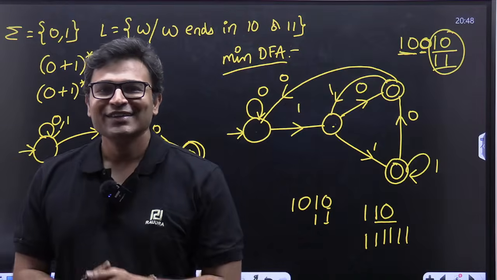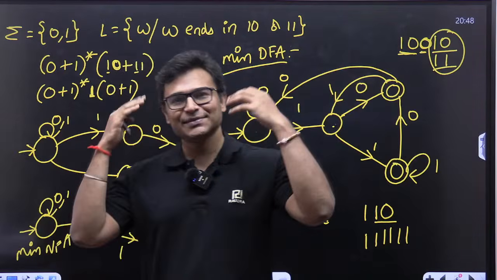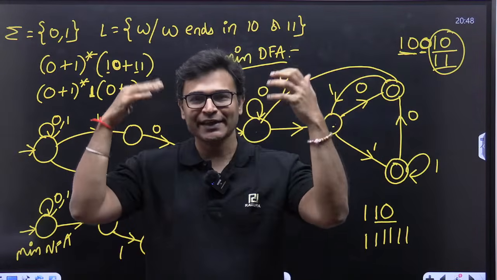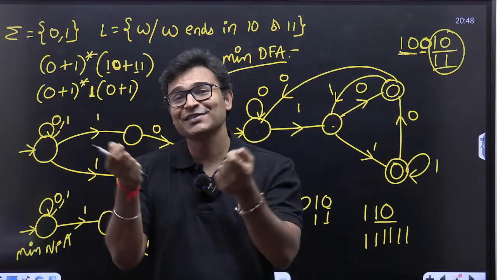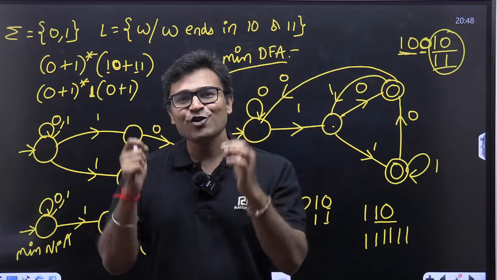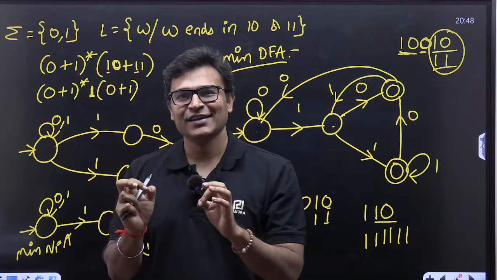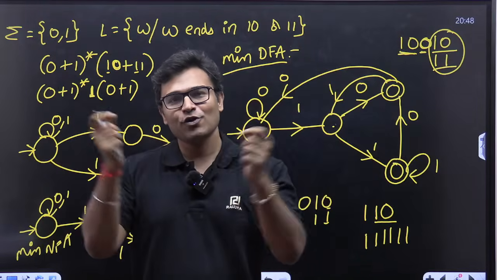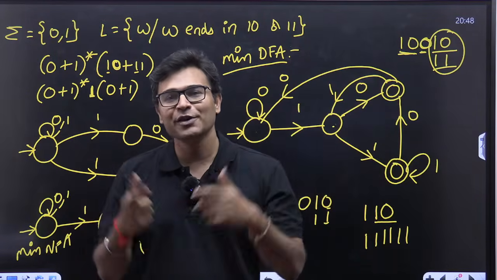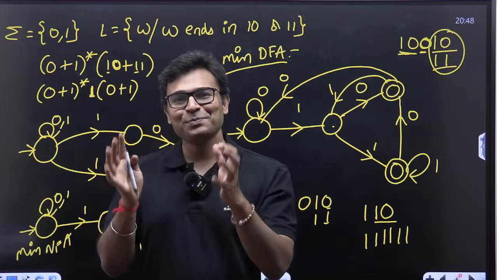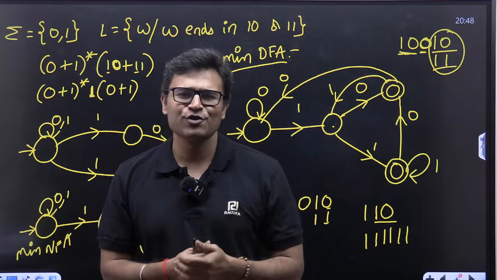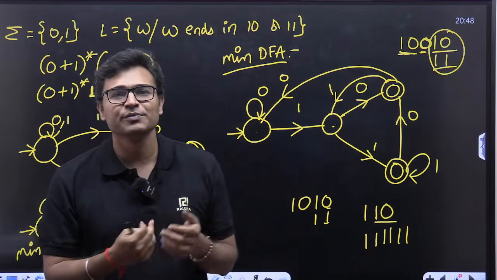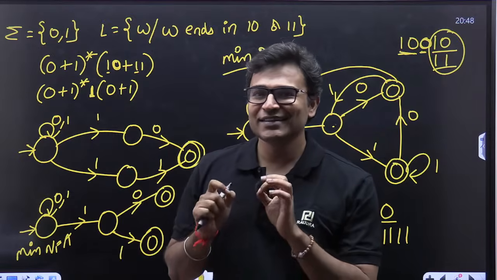GATE will expand the way that you think. It will form new connections in your brain because you are solving a lot of puzzles, so your brain is continuously active and new connections are getting formed in your neurons that will help you in the long run. We are going to solve thousands of problems in the course. It is just the beginning, guys.